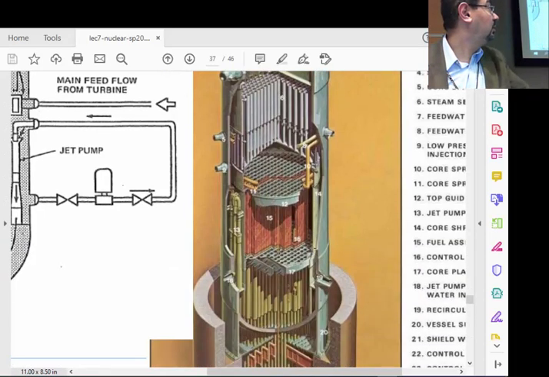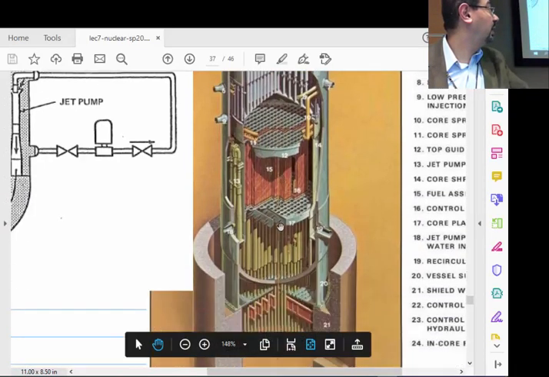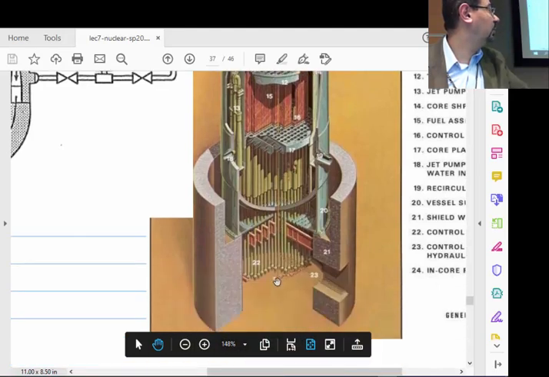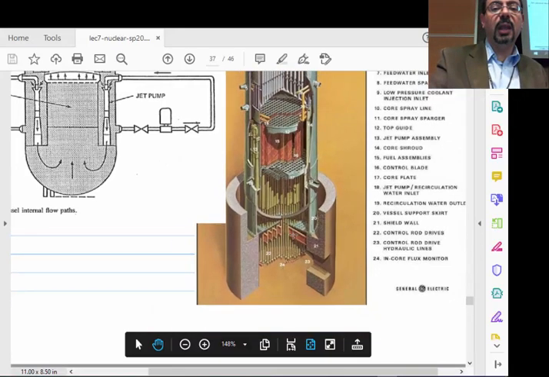Okay? And under it, this will be where the fuel rods are, and coming from the bottom, what do you think those things hanging, ready to get inserted, are? Those are the control rods.